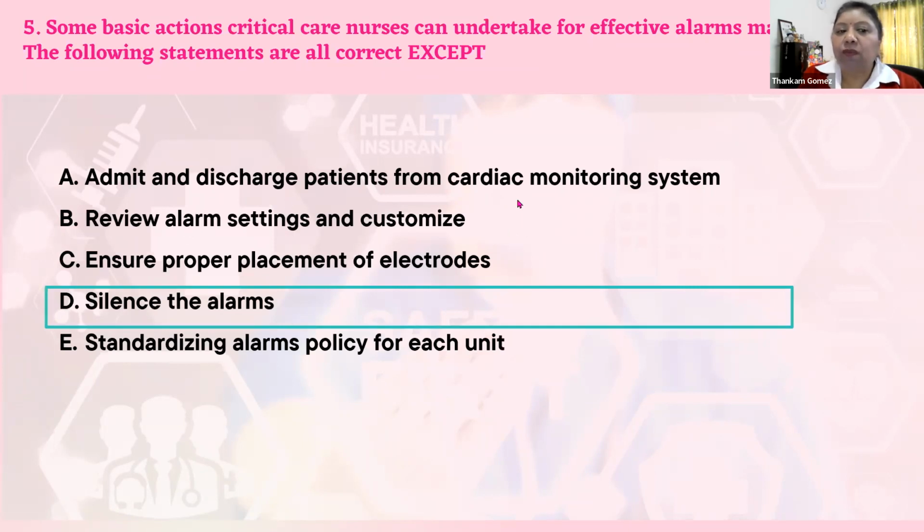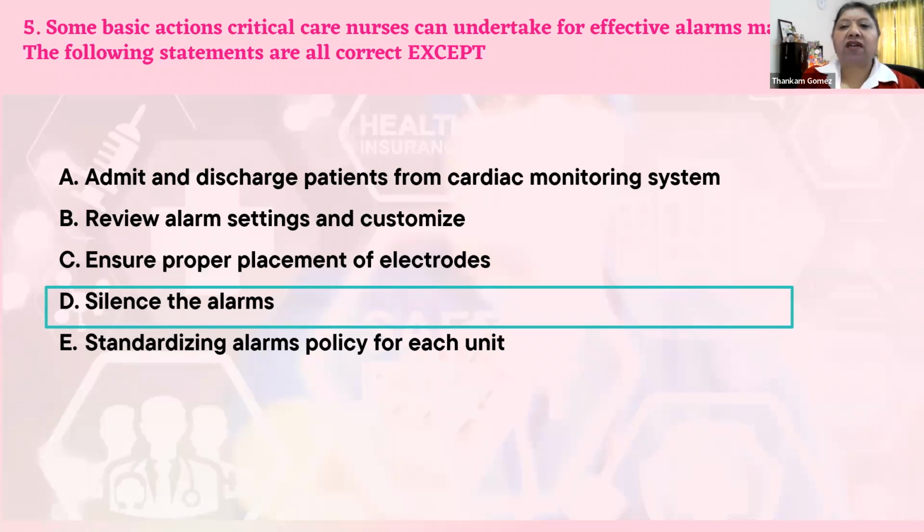So these are some good practices to have. Admit and discharge patients, because on the monitor usually you enter the patient's name, and it also reflects. So that patient's history will be kept in the monitor. It is better to discharge the patient from the monitor so that the next patient is taken as a new setup. Otherwise, it will take the old patient settings.